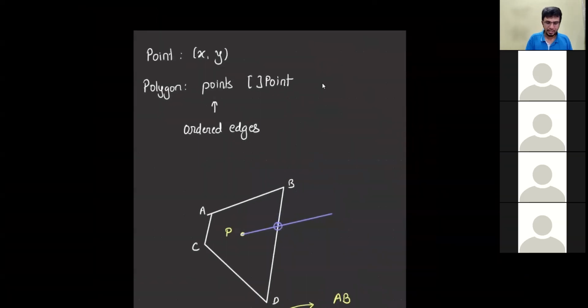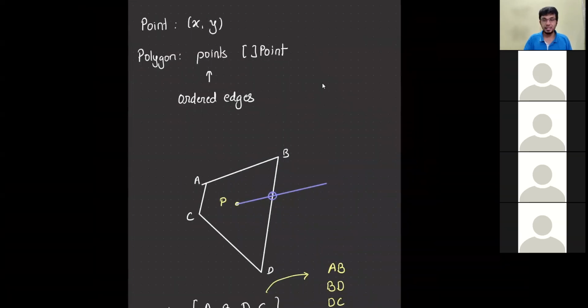One very interesting thing we would also discover here is how we represent a polygon. Whenever we talk about a geometrical algorithm, the first challenge is: given this problem statement, how do I even represent a polygon? Which data structure do I use?